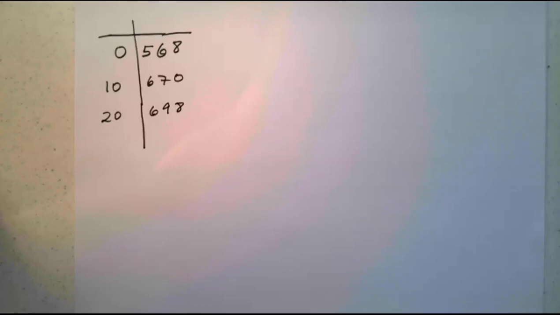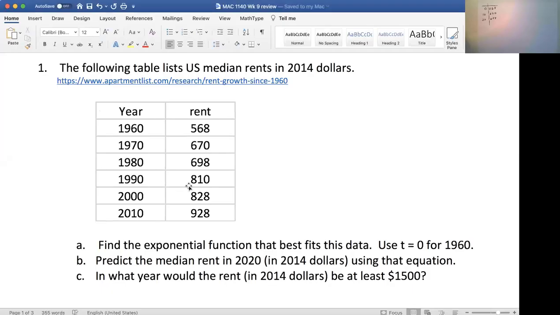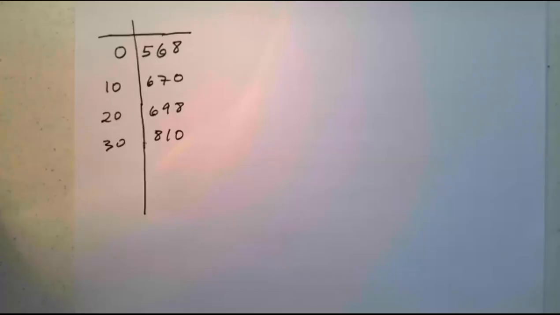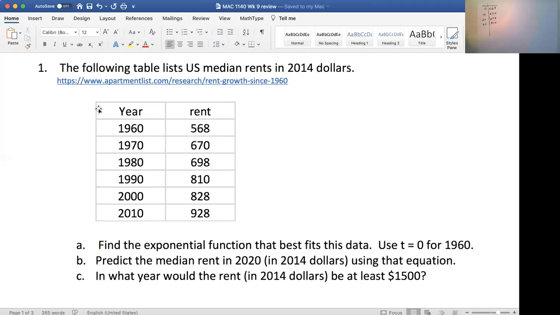And then we have 30, 810. Next up, we have 40, 828.